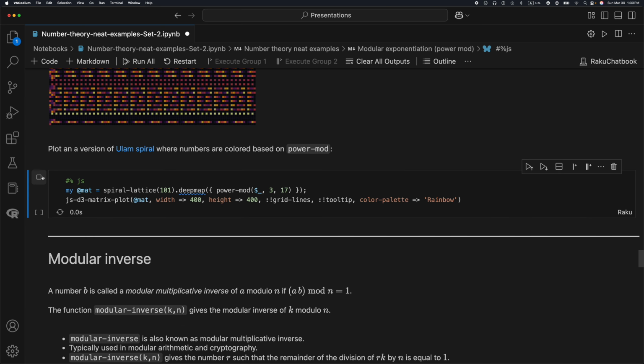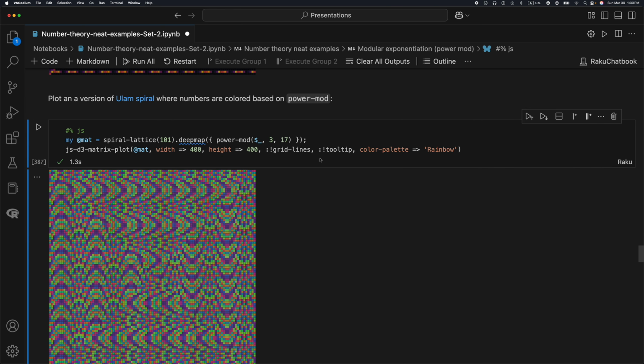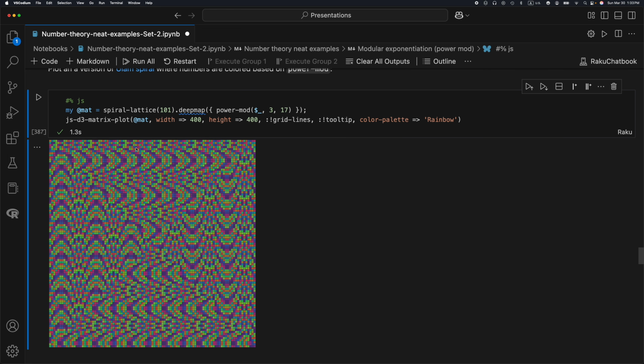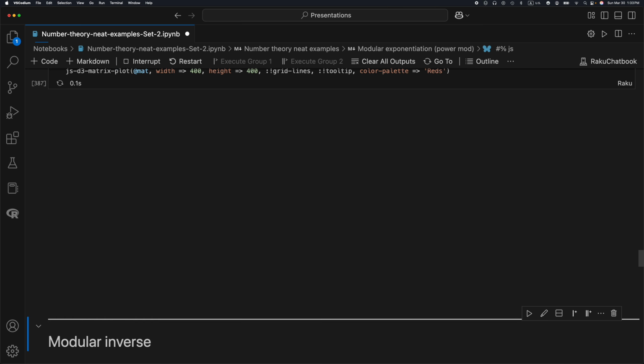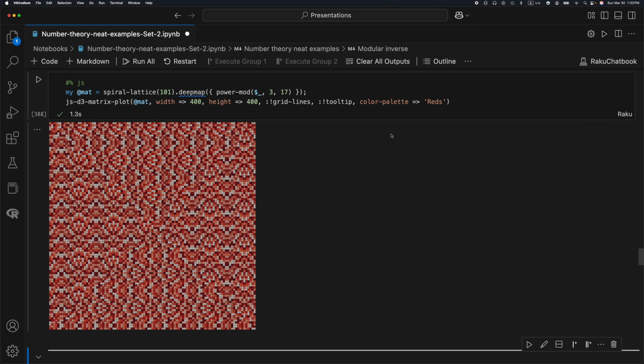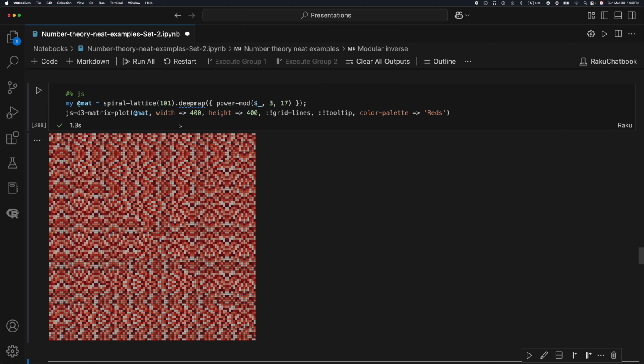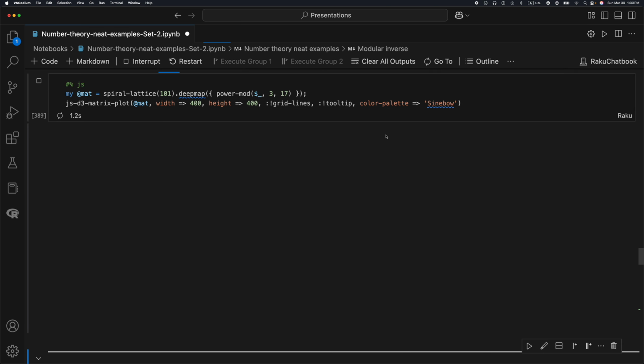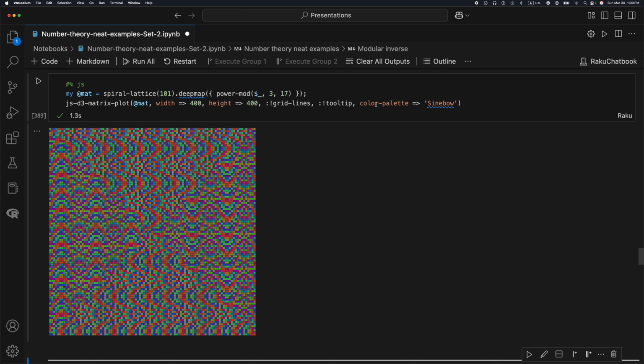All right, so again, we can use the Ulam spiral, or spiral embedding, spiral lattice. And here, if we're using a different color scheme or color palette, the spiral might not be obvious. If I use any kind of cyclical color scheme, the spiral is going to be more obvious.